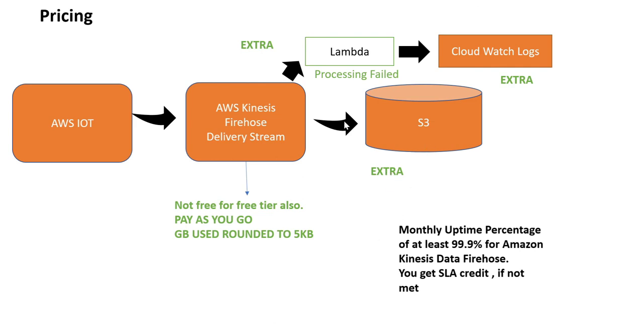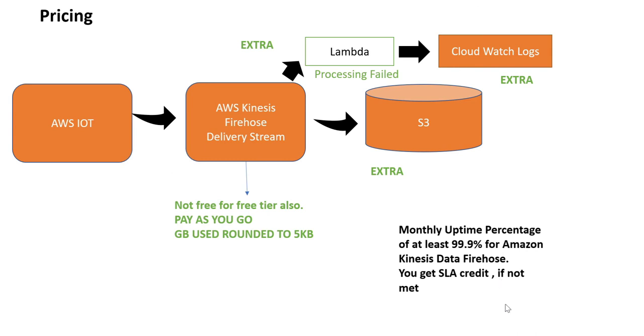If you're using Lambda for data transformation, there will be extra cost for Lambda. If you are writing errors to CloudWatch logs, there will be extra charges. The SLA is 99.9% monthly uptime. If there is an issue where one availability zone had a lesser SLA, then you can claim for a SLA credit.